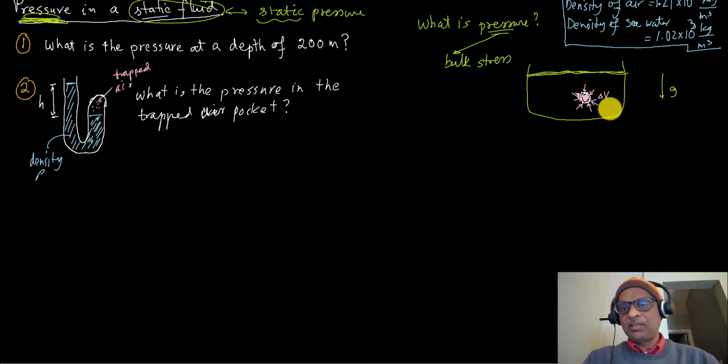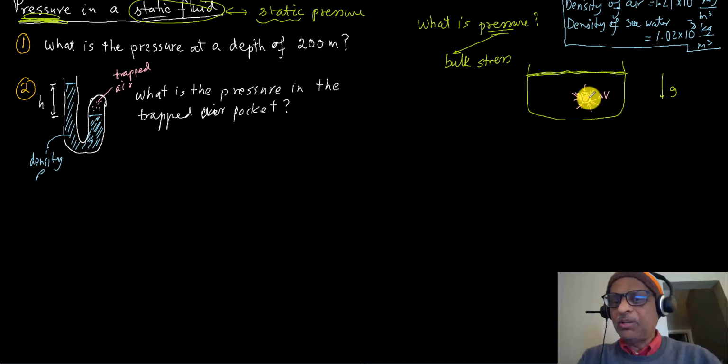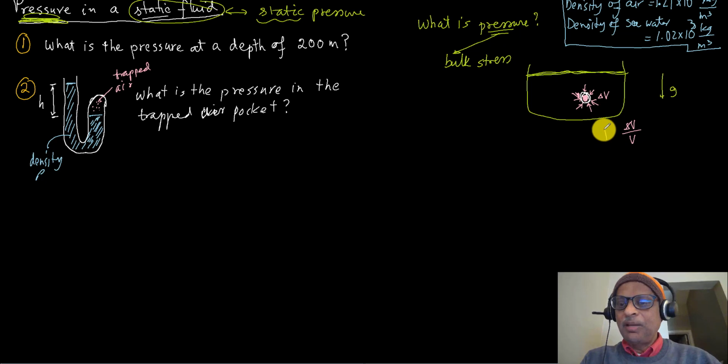Unlike stress in a solid, where the solid may have a different stress in different directions, in fluid, because it can flow freely, the stress in any direction will be the same. So delta V over whatever the V, and you have a bulk modulus. So this is the amount of change, and bulk modulus is stress, which would here be the same as pressure.